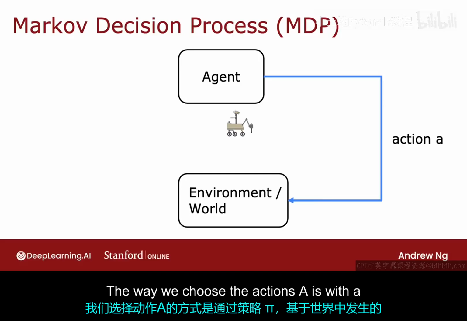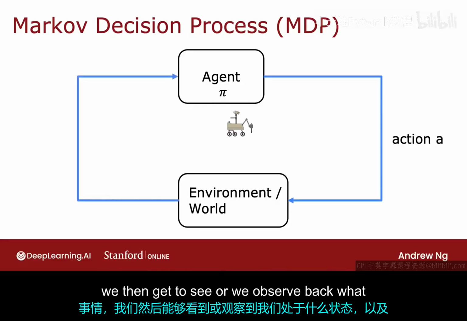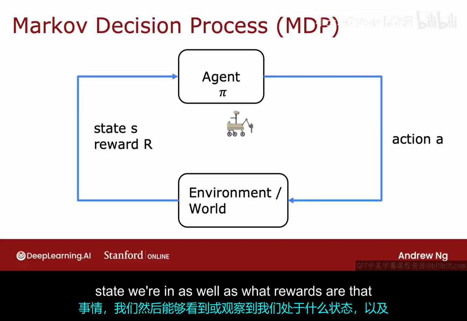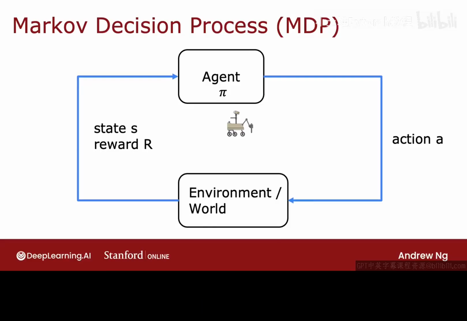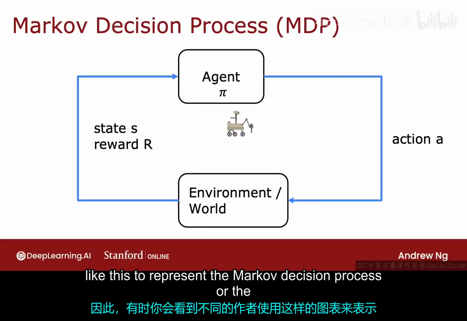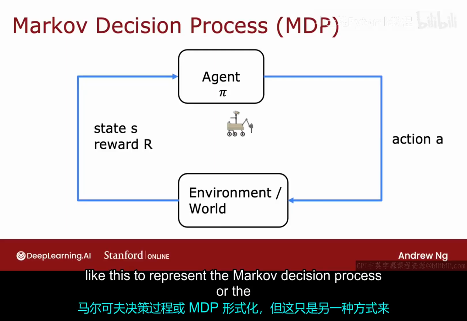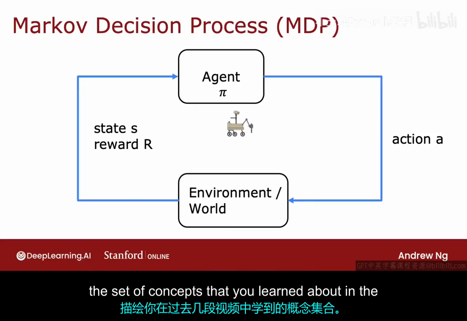The way we choose the actions A is with a policy pi, and based on what happens in the world, we then get to see, or we observe back, what state we're in, as well as what rewards we get. And so you sometimes see different authors use a diagram like this to represent the Markov decision process, or the MDP formalism. But this is just another way of illustrating the set of concepts that you learned about in the last few videos.